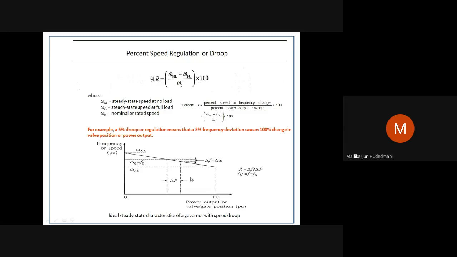Suppose the load on the generator is increasing; naturally there will be a fall in frequency or a fall in RPM. The scheduled frequency will definitely fall when the load increases. A 5% deviation in frequency is 0.05 into 50.